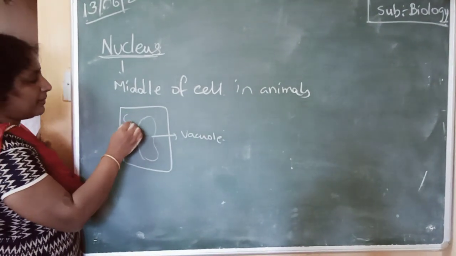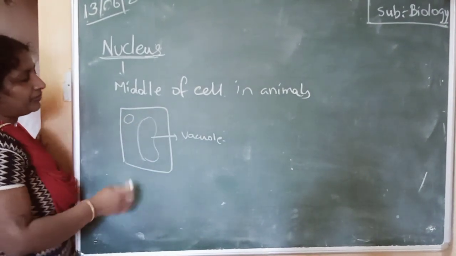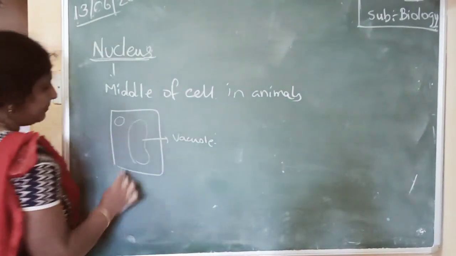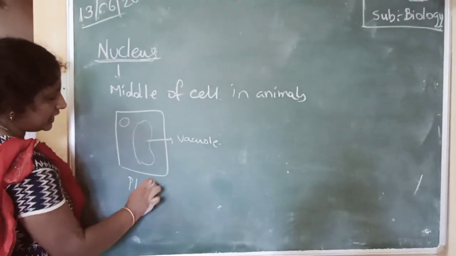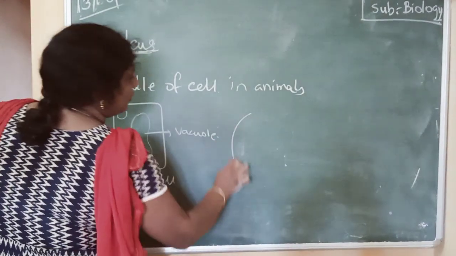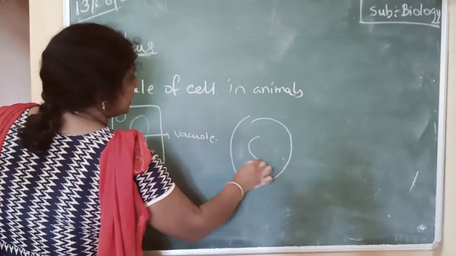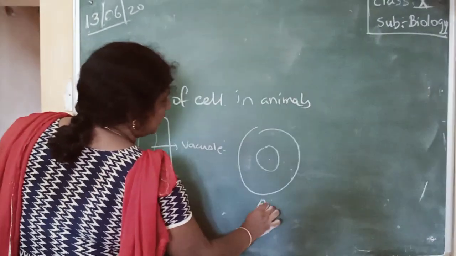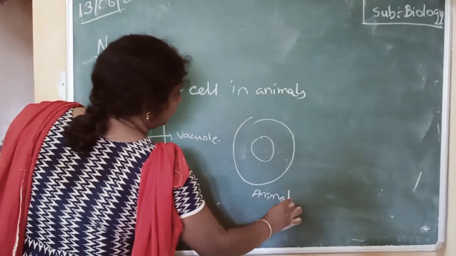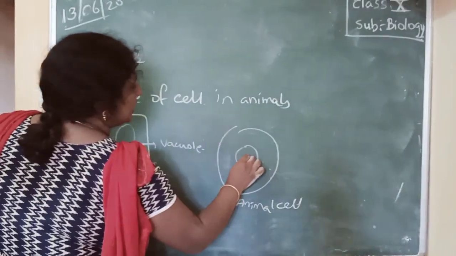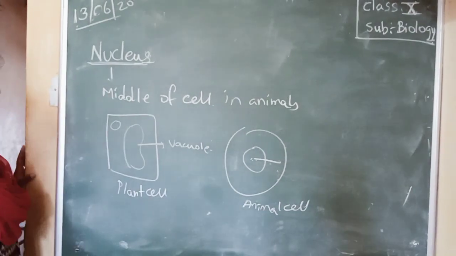So the nucleus may be present here or anywhere. But in the animal cell, the nucleus is present in the center.